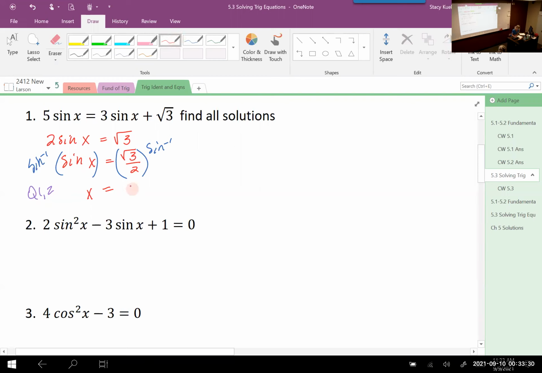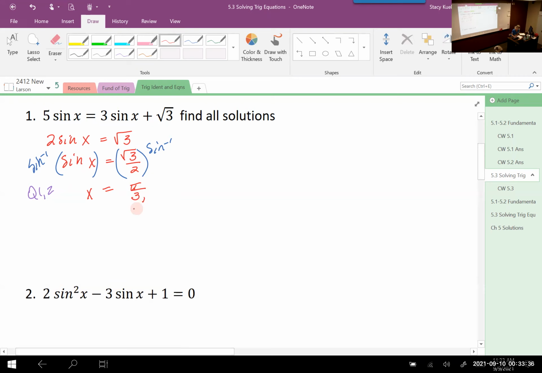Pi over 3 and 2 pi over 3. Those are the 2 angles that are the solutions for this function if I only wanted to restrict it and look at angles between 0 and 2 pi, correct?